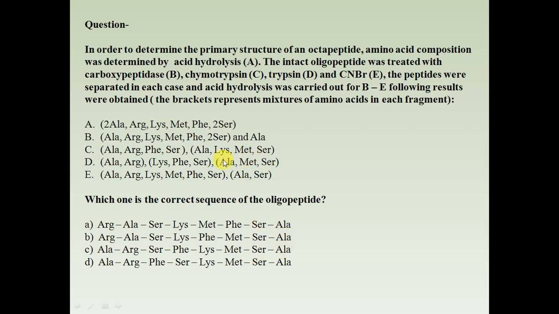So the correct order of this octapeptide is alanine, arginine, serine, phenylalanine, lysine, methionine, serine, and alanine. And if we do the cleavage by trypsin, trypsin will cleave this side and this side, and you will get this sequence, and the correct sequence is this one.